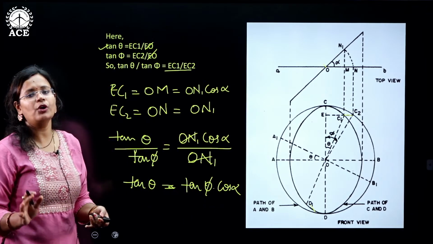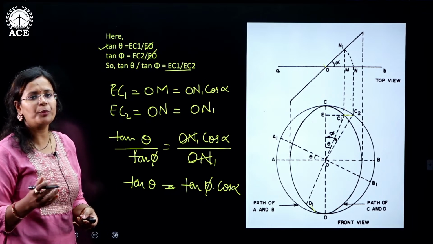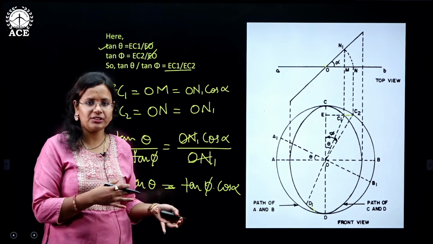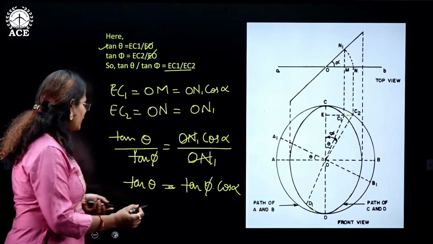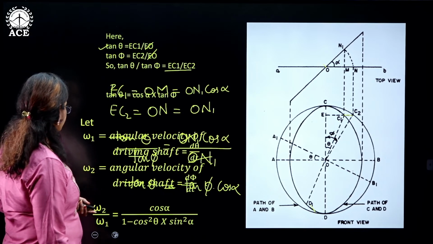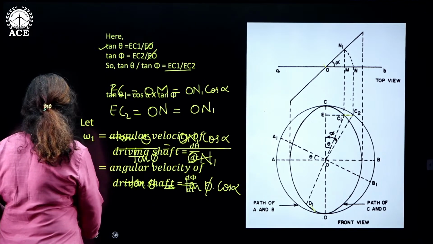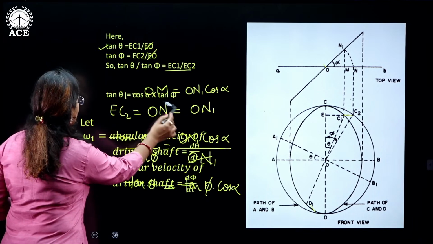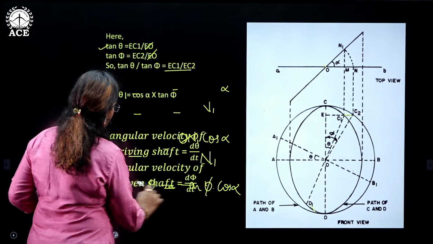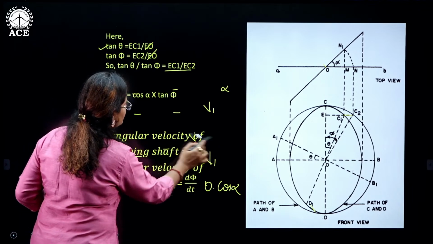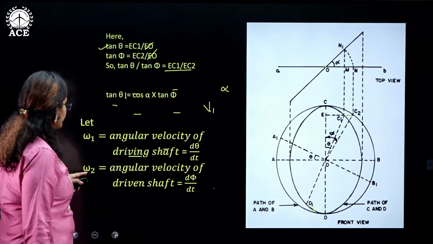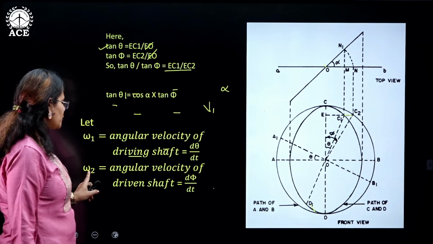Now we actually want to find the ratio between the angular speeds of the driving shaft and the driven shaft. So how can we find that? The angular speed of the driving shaft is taken to be omega 1 and the angular speed of the driven shaft is taken to be omega 2.